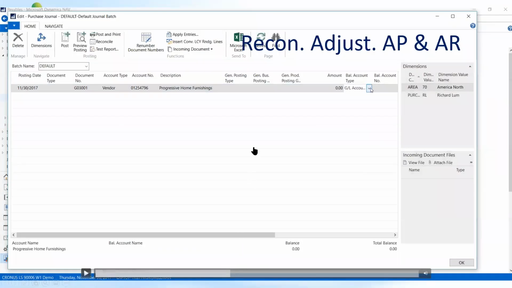When we upload the balances for the first time, we select, okay, I have a balance with a vendor, and in my purchase journal, which also works for the sales journal, I select those vendors that I want to make an adjustment for, when I know I have differences. Then I set up the vendor account type and select the vendor to make any specific adjustment.